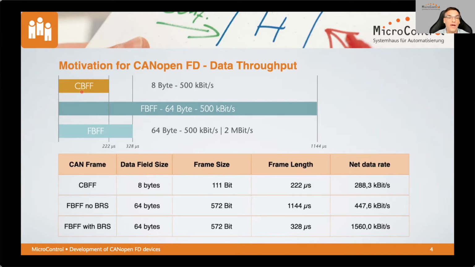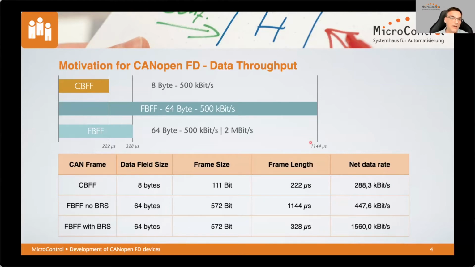So what happens if we're switching to FD base frame format using 64 bytes, but not using bit rate switching at all? That would mean that this frame has a length of 1.1 milliseconds. You can see the timings in here of what the frame size is in microseconds.